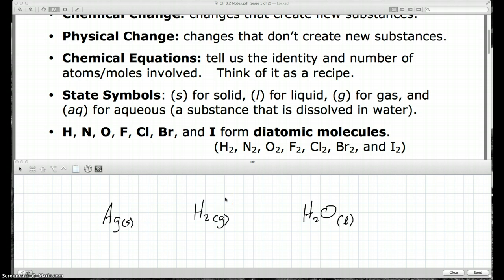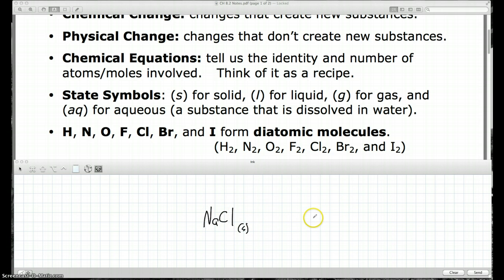And lastly, we can have something called an aqueous state. That is basically when we have something dissolved in water. So if I take the compound NaCl, table salt, just like the stuff you put on your popcorn, normally I would have an S behind that because salt is a solid.